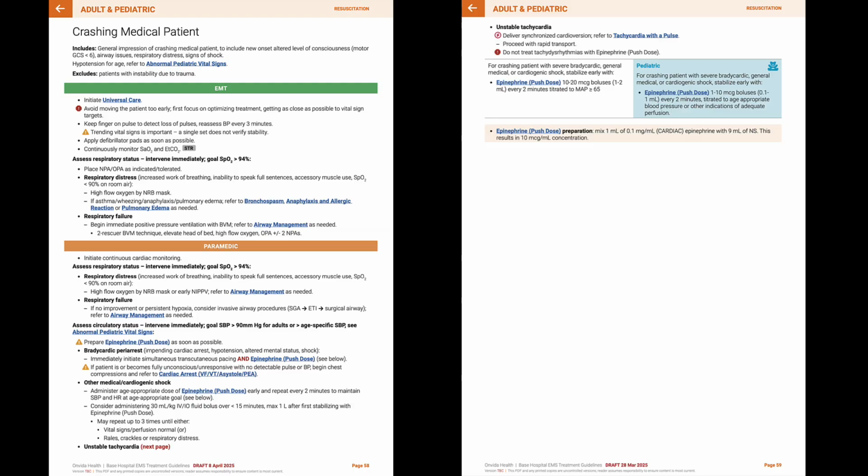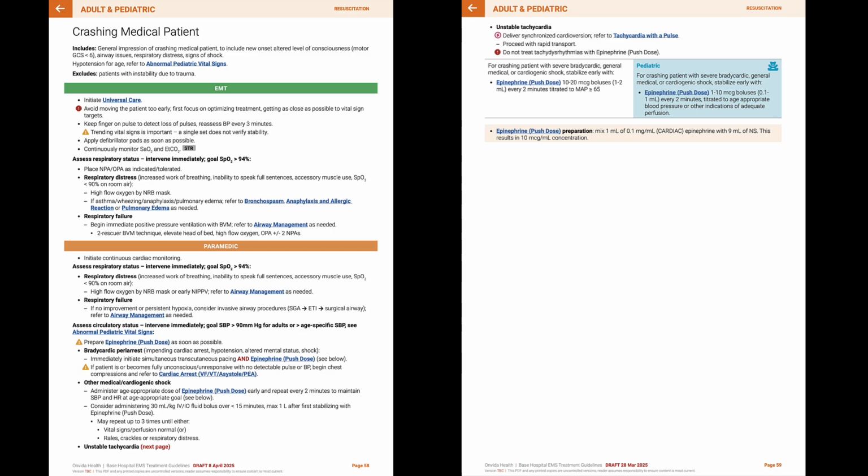It helps streamline critical actions such as airway management, vascular access, and medication administration. Also, as we've mentioned in prior videos, it helps to reduce variability and eliminate guesswork, regardless of who might be providing care or whatever the circumstances might be.